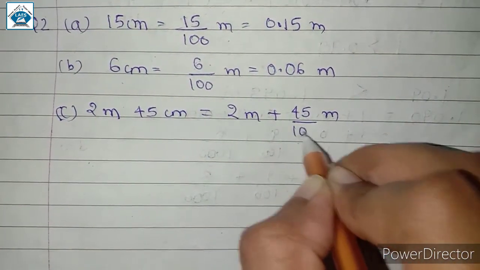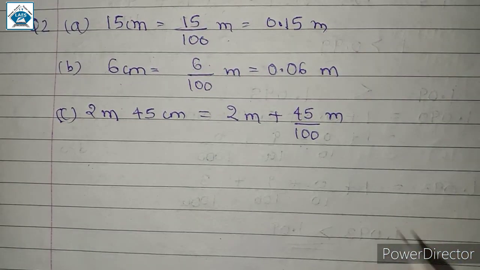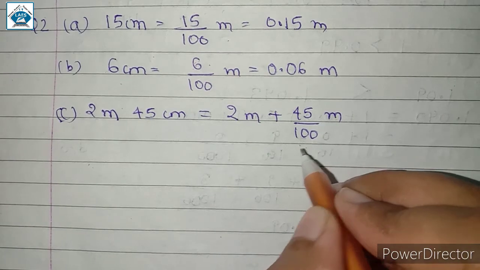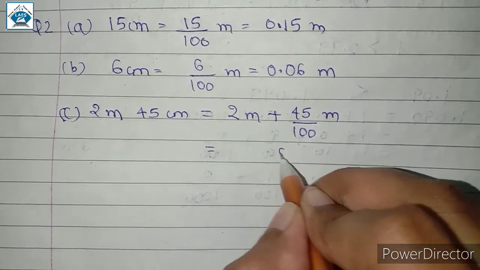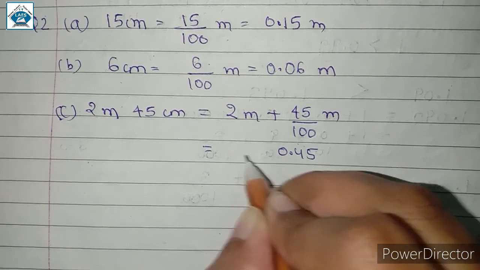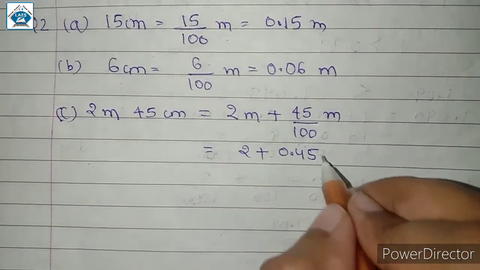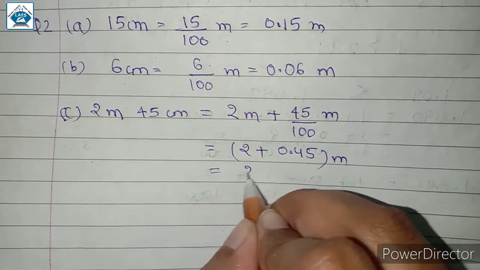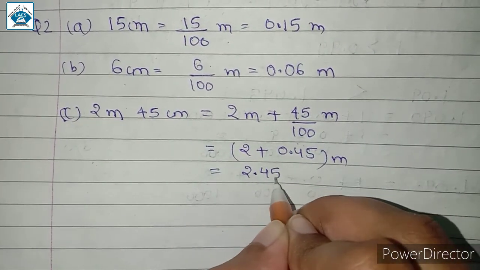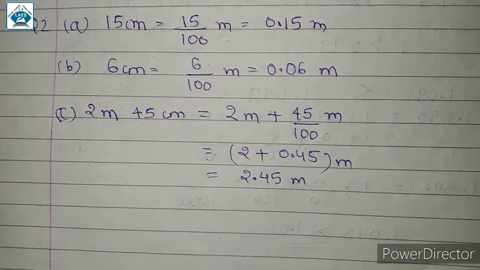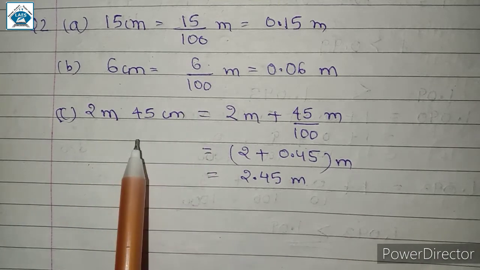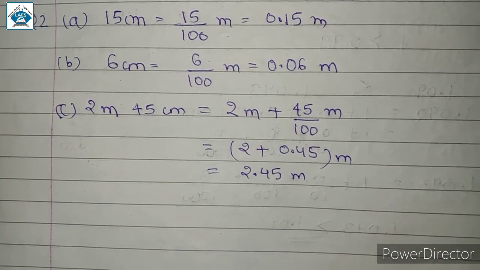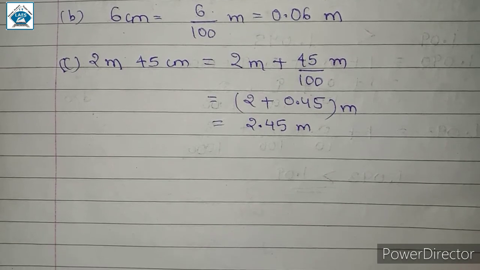So for that we will be dividing it with 100. 45 divided by 100 is nothing but 0.45. So we will be adding this with 2 and we have it in the form of meters now. So दोनों को add करेंगे, we will have 2.45 meters. So 2 meter 45 centimeter is equal to 2.45 meters.